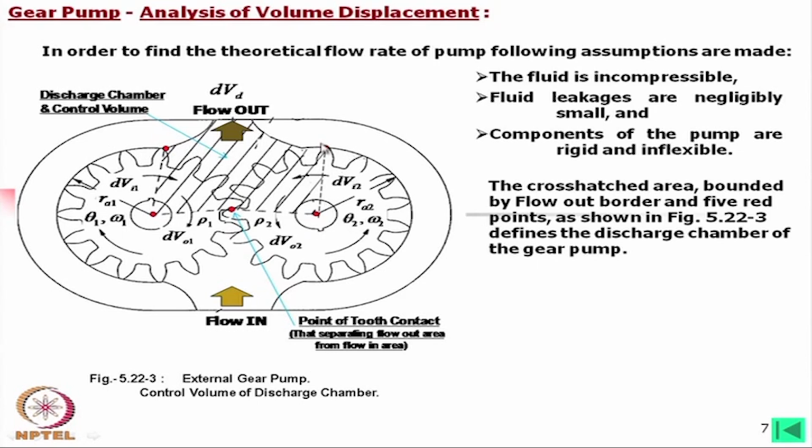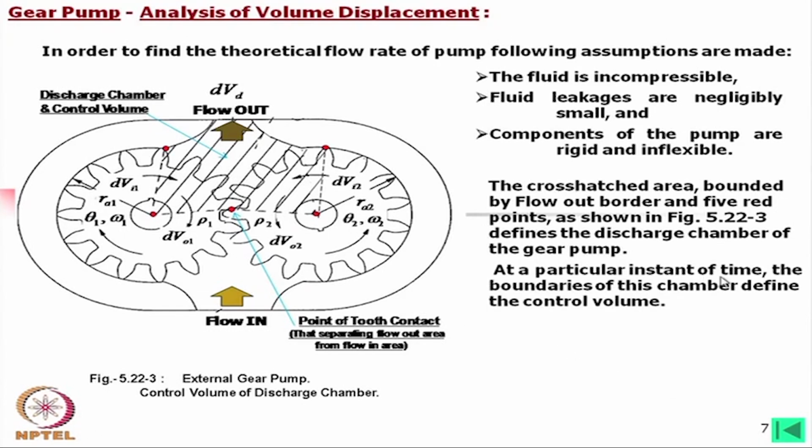Now, if we consider the hatched area, including the gears, that means the metal part and then the fluid part, and consider the variation of this area with respect to this contact point, that will definitely give us the variation of area during the rotation, and from there we can find out the expansion and compression.